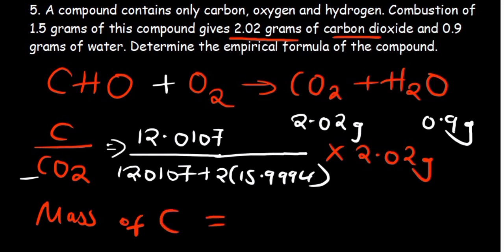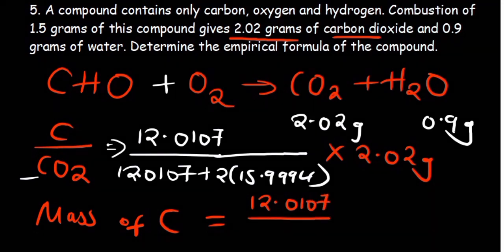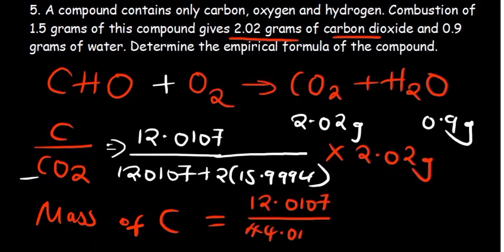So do your calculations. 12.0107 plus 2 multiplied by 15.994. So what we have is 12.0107 over 44.0095.